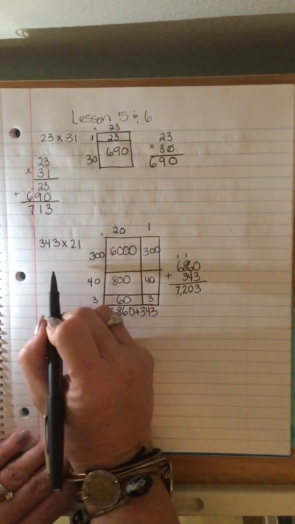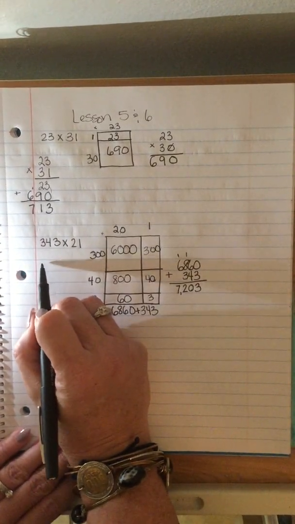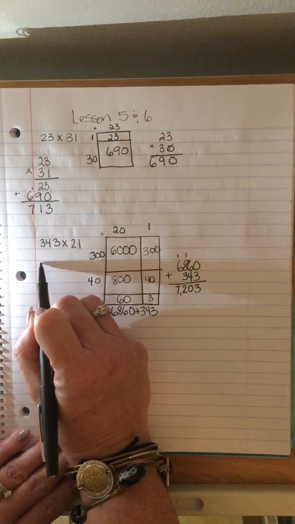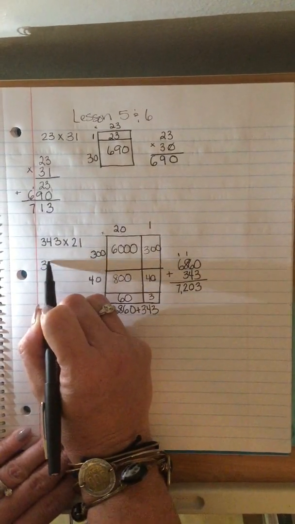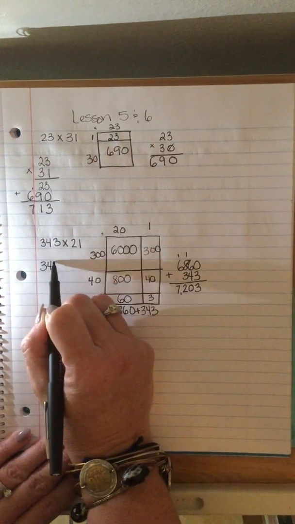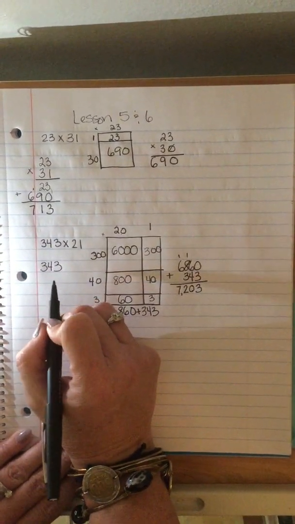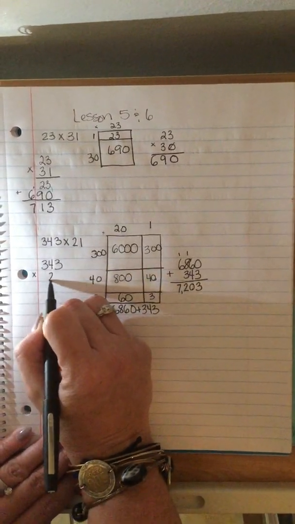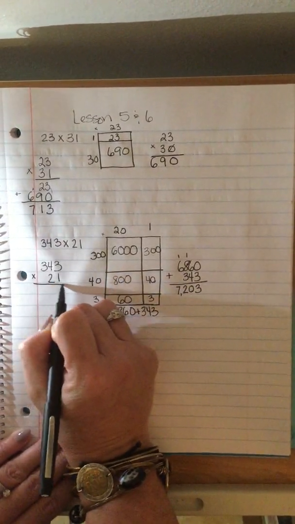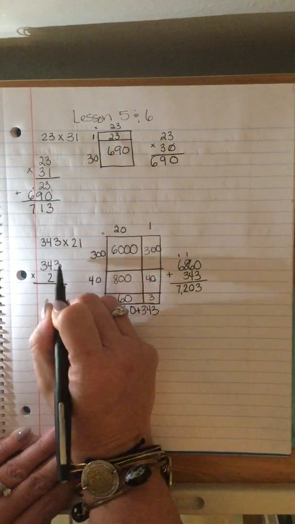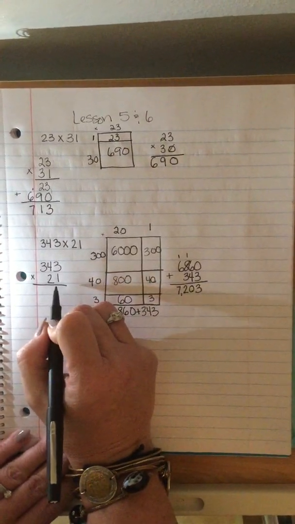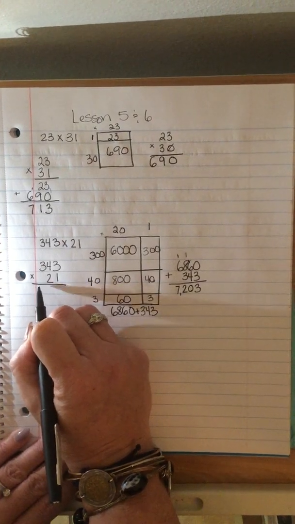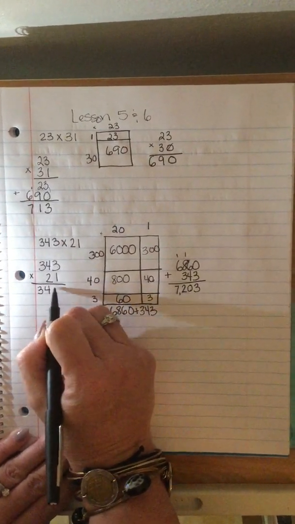So I do want to show you the way that it is broken down typically within our text for this lesson, is doing that same thing we did in the first example, where we have 343 and we're multiplying that by 21. And so on this first line, it's the identity property of multiplication. So everything is multiplied by 1, and we are getting 343.